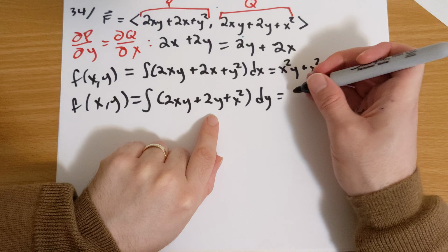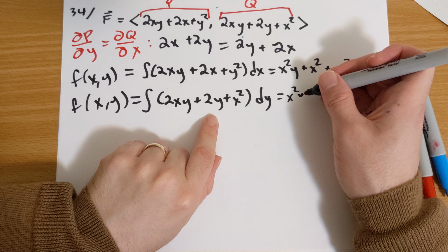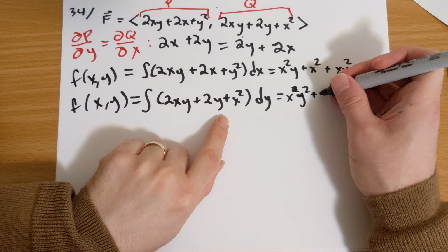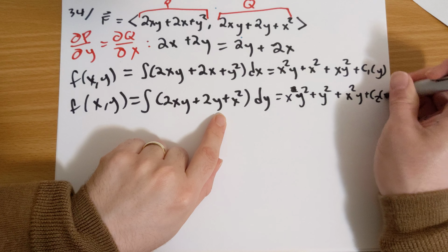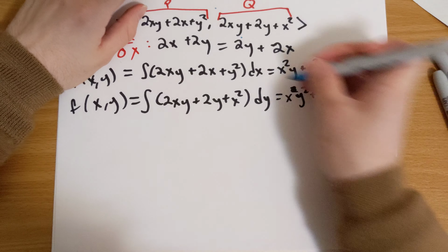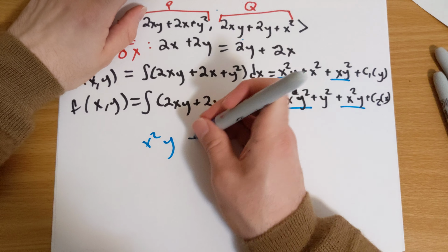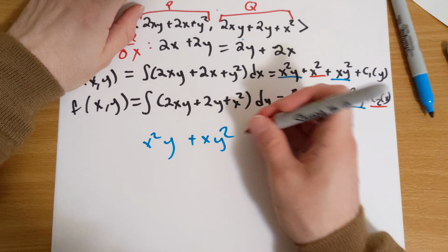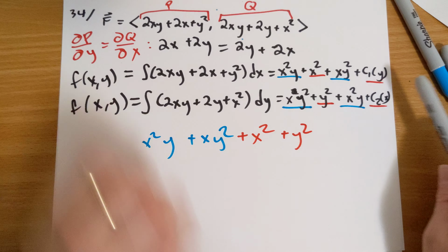This will be, sorry, not x squared y, xy squared plus y squared plus x squared y plus c2 of x. How do we combine these? x squared y, xy squared, and x squared must live down there, and y squared must live up there. There's our answer.